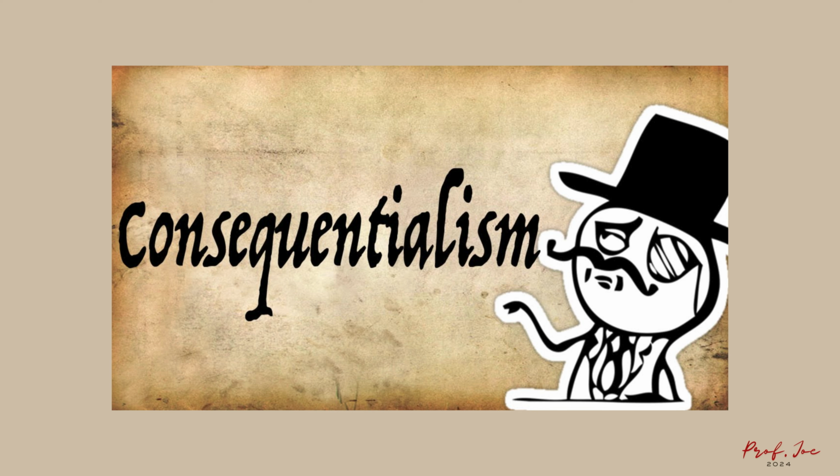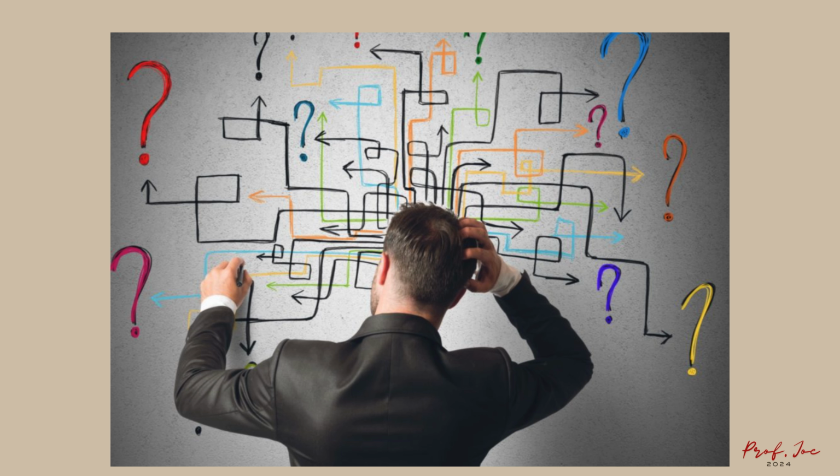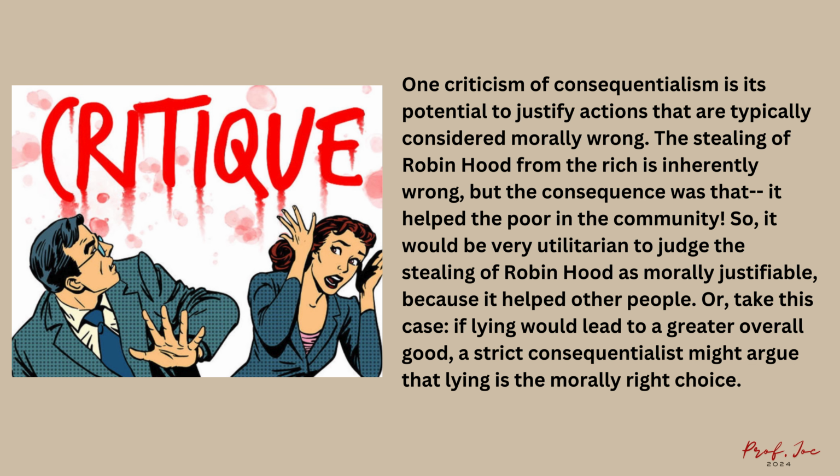Consequentialism, focusing on outcomes, offers a seemingly straightforward approach to ethical decision-making. However, as we have seen, judging actions solely on their consequences can lead to complex dilemmas. One criticism of consequentialism is its potential to justify actions that are typically considered morally wrong.